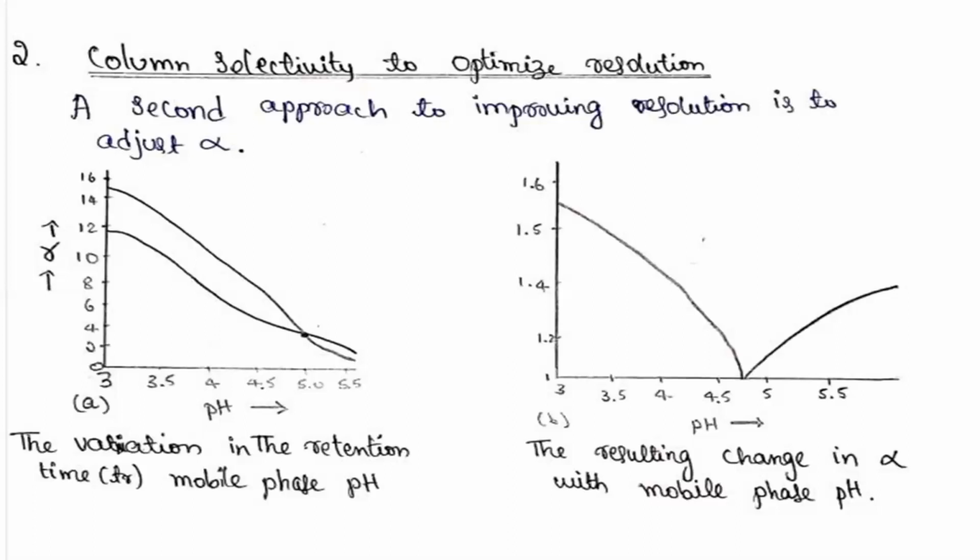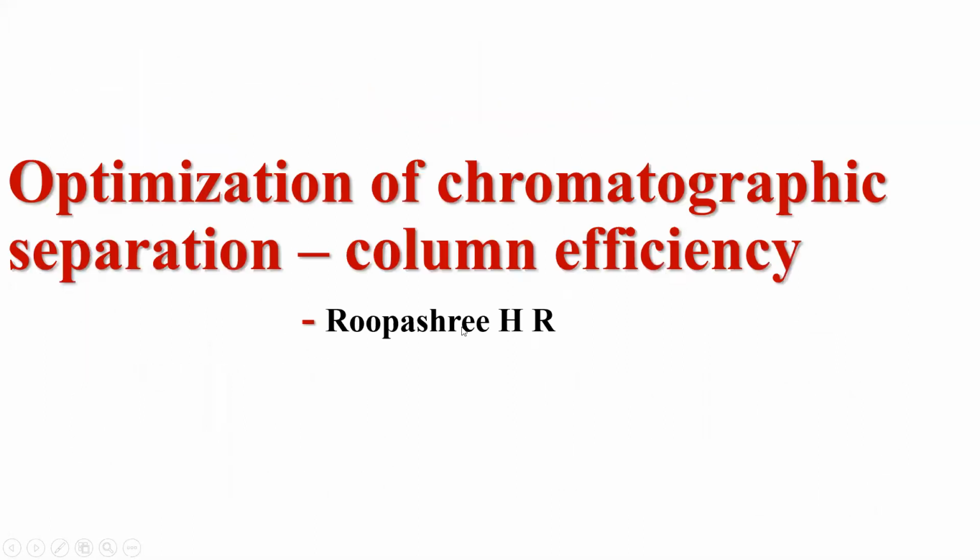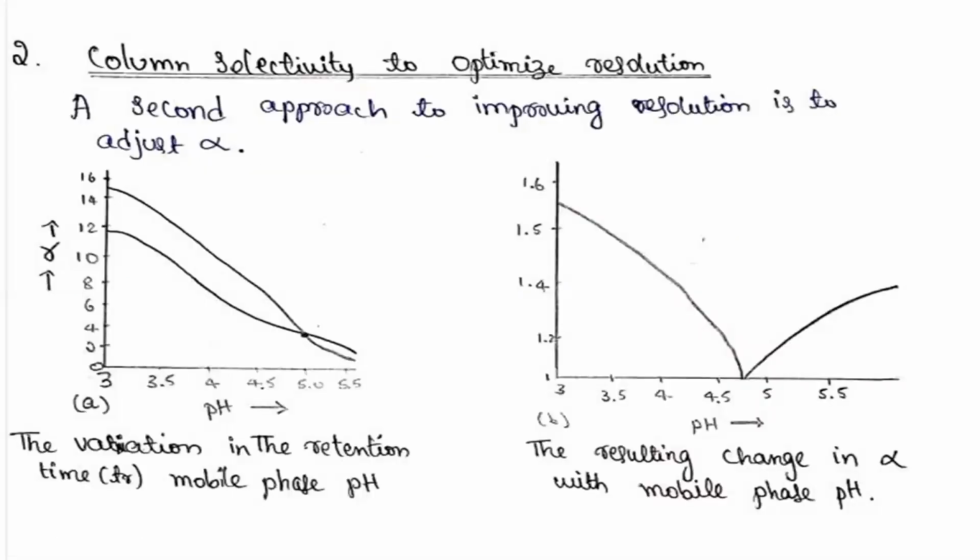A change in alpha is possible if chromatographic conditions are altered in a manner that is more selective for one of the solutes. If a solute participates in a secondary equilibrium reaction in either the stationary or mobile phase, then it may be possible to alter that phase in a way that selectively changes the solute's capacity factor.